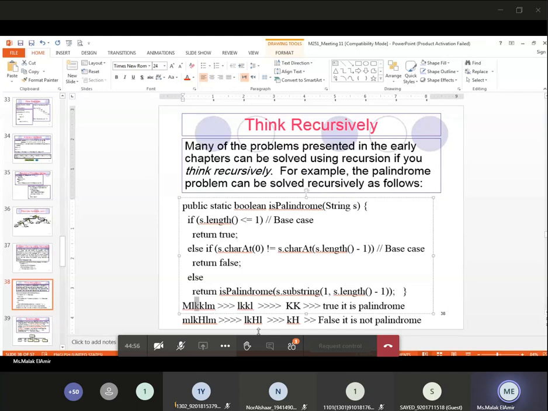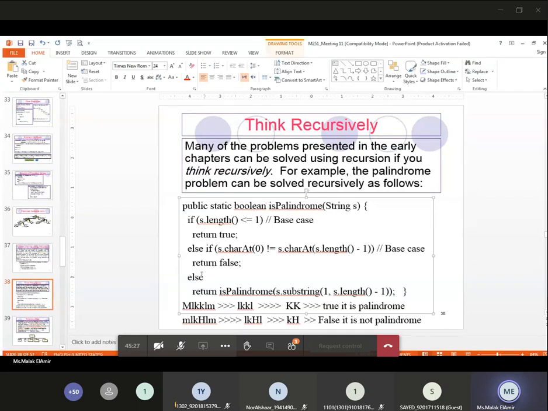So let us take it. I'm checking if it is a palindrome or not. Let us take this one: MLKKLM. If s.length is less than or equal to 1, return true. Else, if the charAt 0 is not equal to the charAt length minus 1, return false.